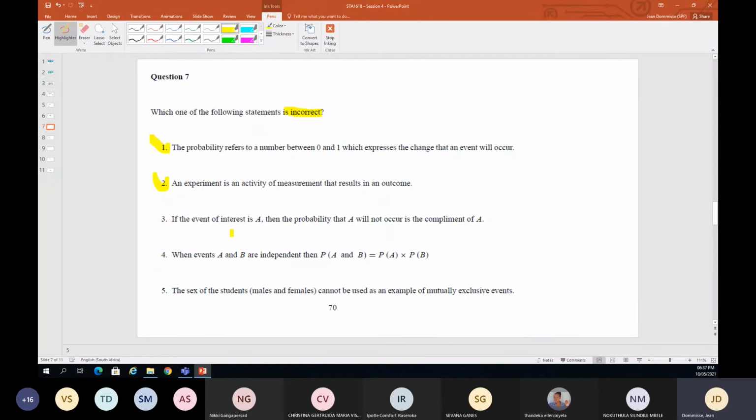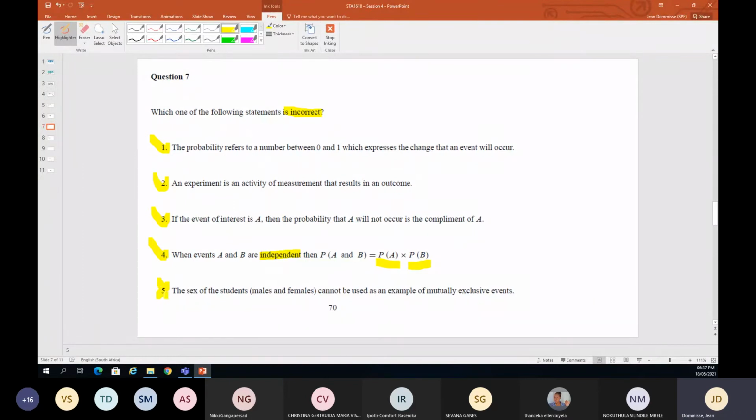If the event of interest is A, then the probability that A will not occur is the complement of A. Again, that's straight from the definitions that we started off with. When events A and B are independent, then the probability of A and B is probability of A times probability of B. Again, straight from the definitions, so it is correct.